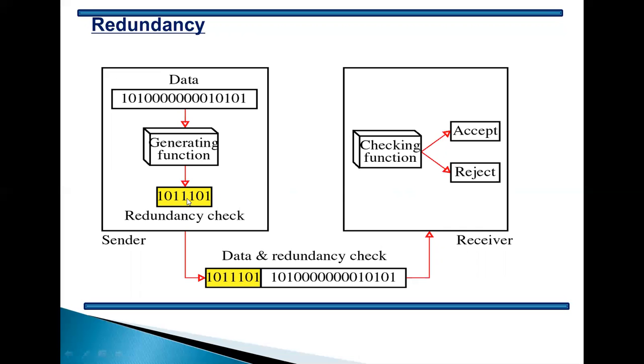It is the redundancy data. Sender computer A sends the original data and the redundancy data. The receiver applies the same checking function. If the data or the redundancy data is modified, it is rejected, otherwise accepted.